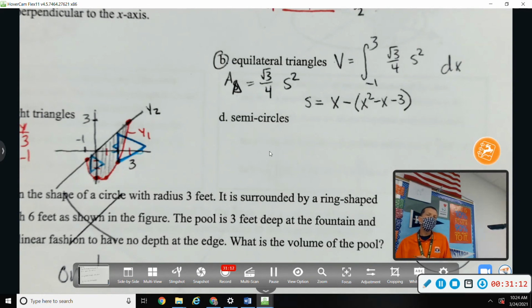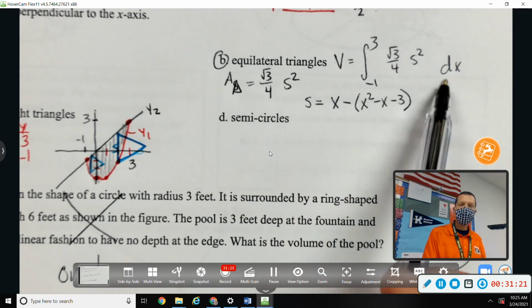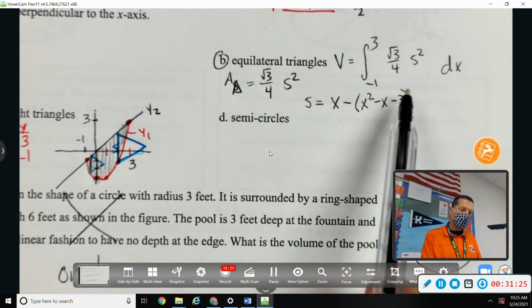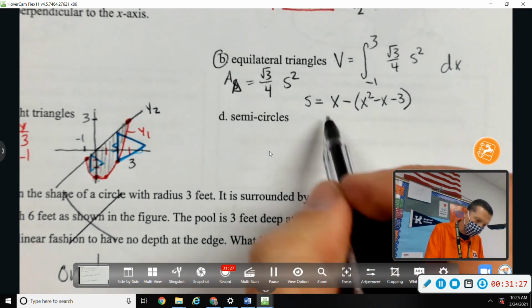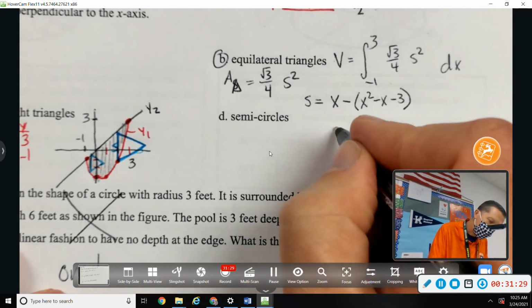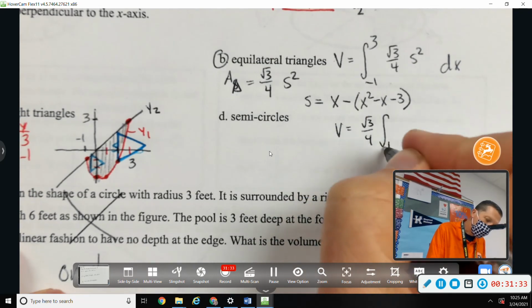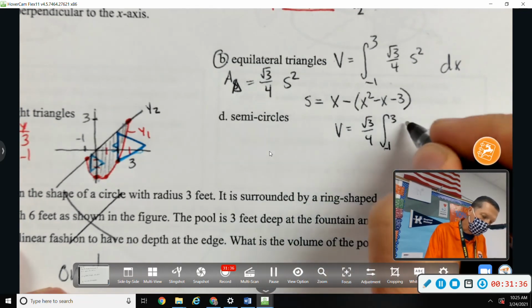And although it wouldn't be my favorite if you left it like that and went to the calculator and gave me an answer, it would be acceptable because this is what's going in the calculator and you told me what S is. So if you're really trying to save time, you could put this in the calculator as long as you put this in for S. I'm going to show what would go in the calculator.